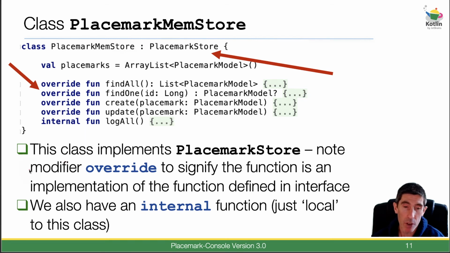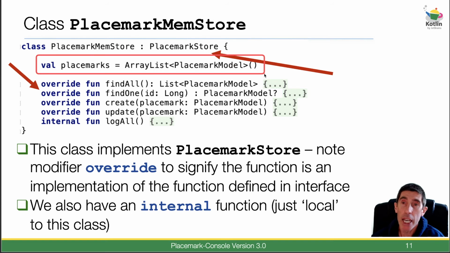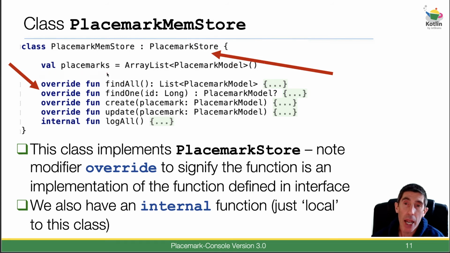But just to give you a few notes on it, this class implements placemark store, so note the modifier. We also have an internal function, which we can see there, just calling it log all. It's just local to that particular class. Just want to draw your attention to this first of all. If you notice, we are creating a placemarks array list to hold our placemark model.